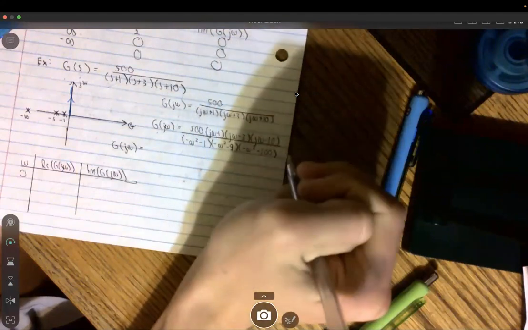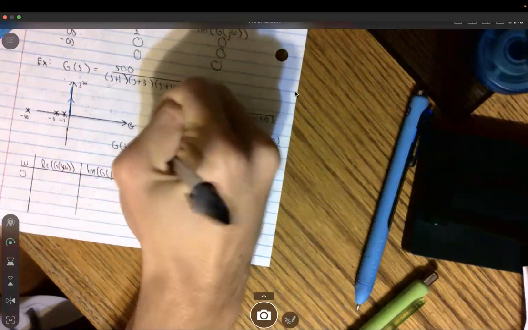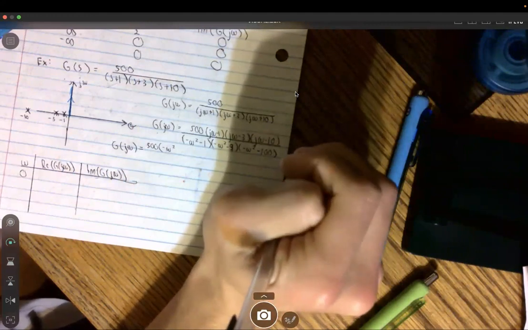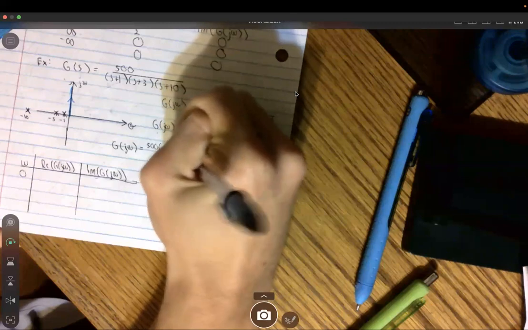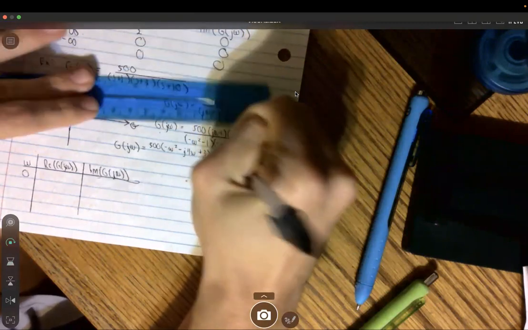so this would be multiplying, I get 500 times j squared, negative ω squared. And that's going to be minus 3jω minus 4jω, which is j4ω. Then we're going to get plus 3 times jω minus 10.